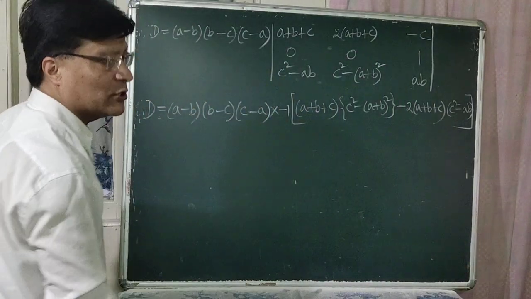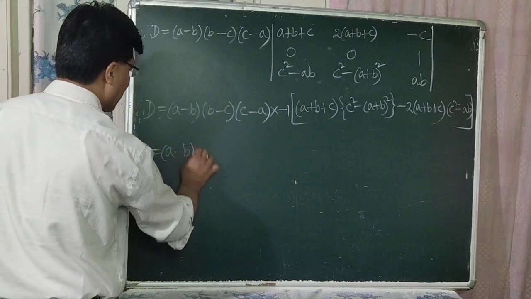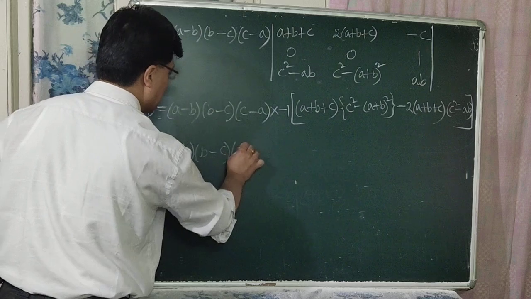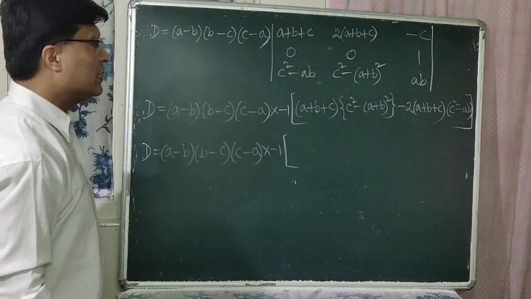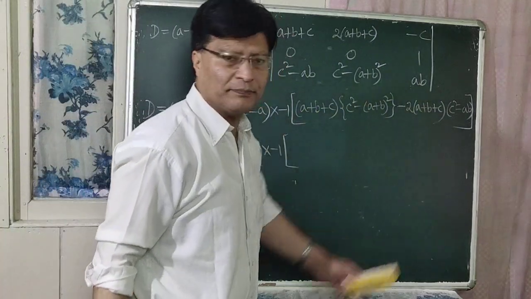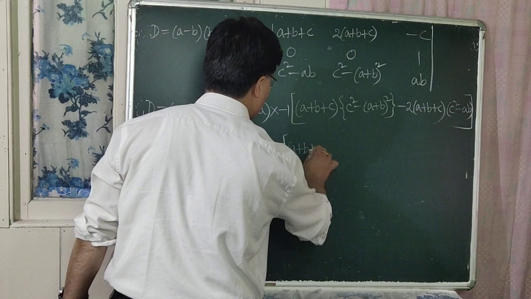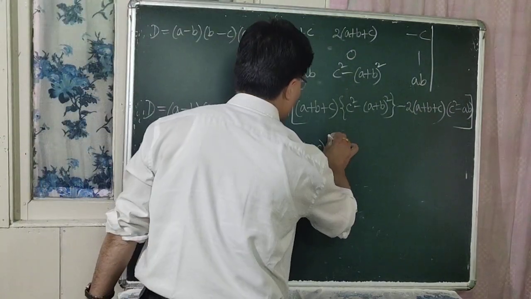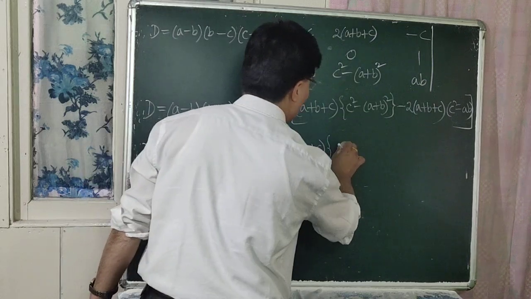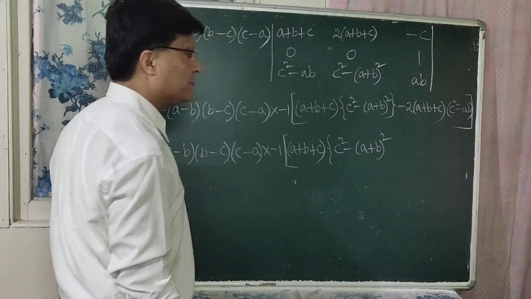I simplify this answer. Therefore D is equal to (a minus b)(b minus c)(c minus a) into minus 1. Now within third bracket, what is common here? You can take it outside common: a plus b plus c. Common, common. So within second bracket, what do we have? c square minus (a plus b) whole square, right?